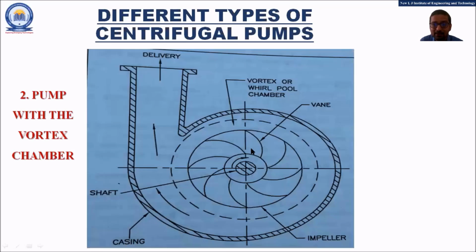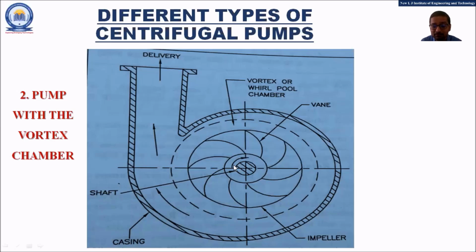So, the next type of the pump, that is the pump with the vortex chamber. It is the modification of the volute type pump. In the volute type pump, we have just added one vortex chamber, or it is known as the whirlpool chamber. So friends, in this, how the working will be taking place?